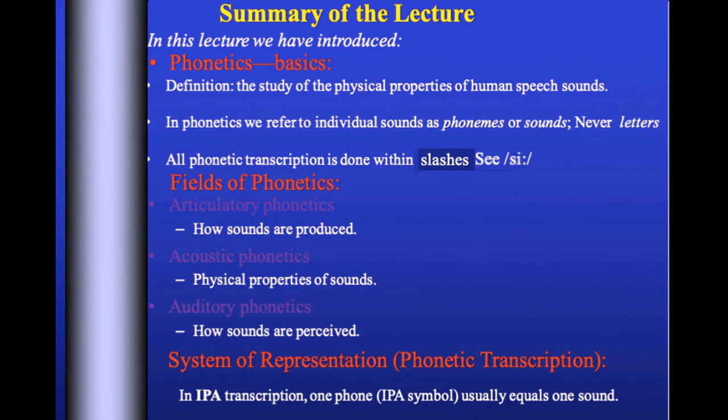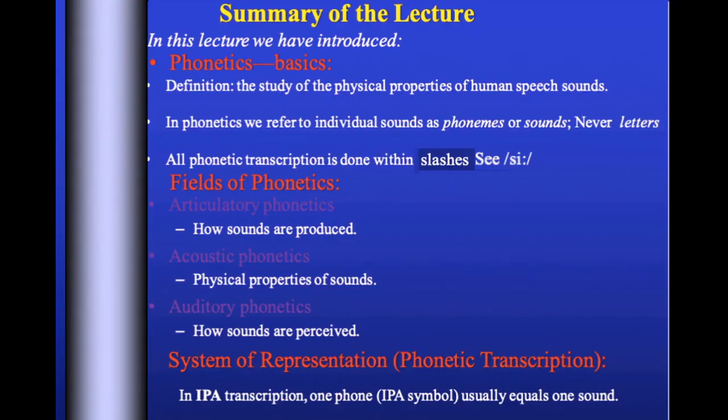Number 2, we have been through the fields of phonetics, or the branches of phonetics. The articulatory phonetics, which means how sounds are produced. Acoustic phonetics, that deals with the physical properties of sounds, or the waves that go from the speaker to the listener.